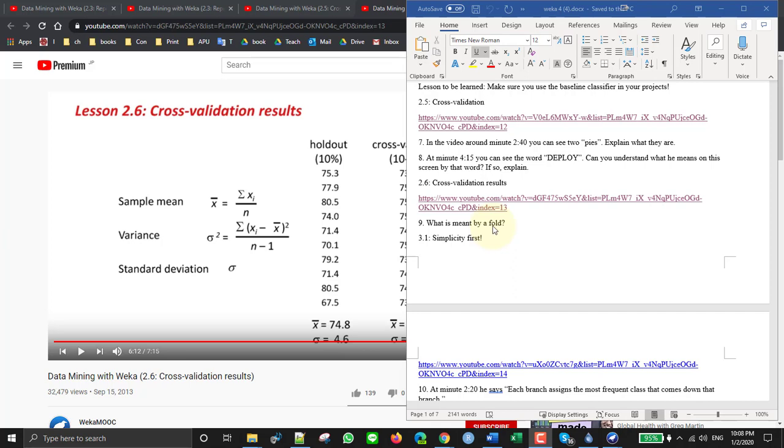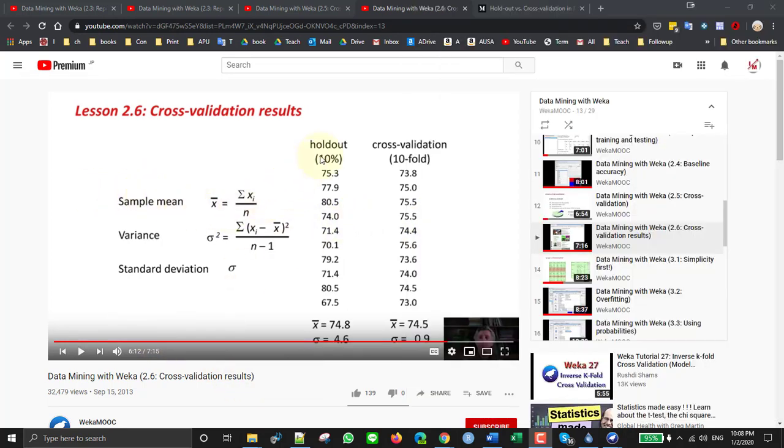And then one more thing here we should mention, a little bit surprising. So here's what we got when we did the holdout. The average for this particular data and this particular model is 74.8, and the standard deviation was 4.6.